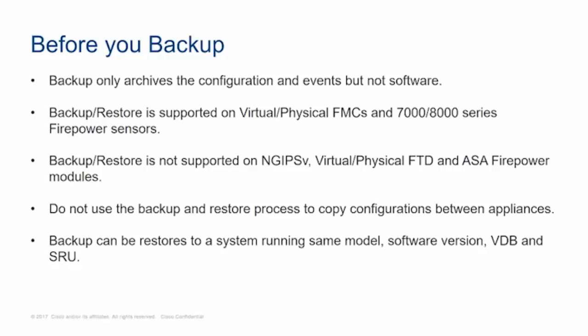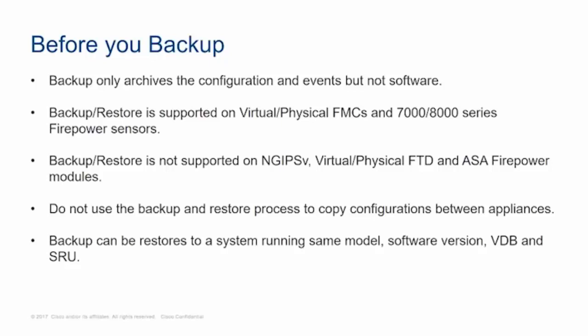Again, this backup and restore option should only be used to restore a system where there's a failure, or to correct missing configurations. But if you want to copy the information to another appliance, say you have to deploy similar configuration on different sites, we should not use backup and restore for that.